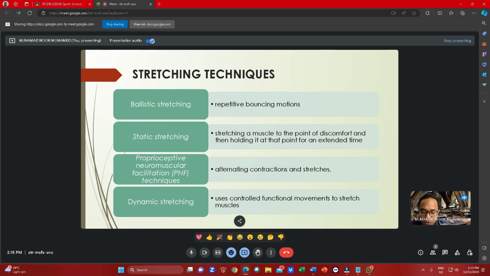The most common type of stretching is static stretching, stretching a muscle to the point of discomfort and then holding it for an extended time. Then there is dynamic stretching, which uses controlled functional movement. For example, if you are playing soccer, you can do lunges while walking: walk a step and lunge, then change the step and lunge. That is dynamic stretching, which involves movement from point to point.